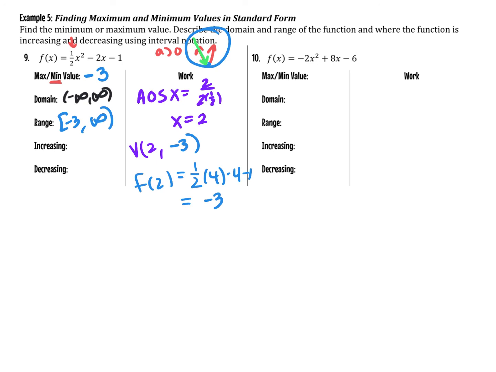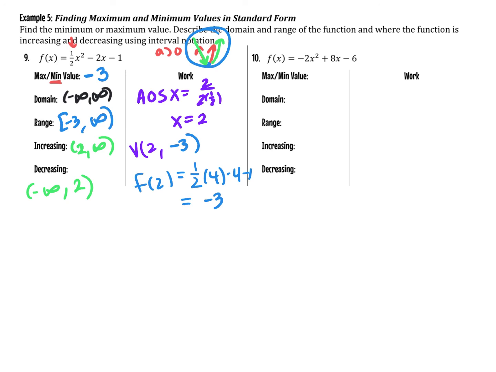So from -infinity until the x value of our vertex, which is 2, we are decreasing. And from the x value of our vertex over to infinity, so 2 to infinity, we are increasing. Now, I much prefer looking at this than to actually having to walk through and graph everything. So if you're not being asked to graph, you can still find all of this key information.